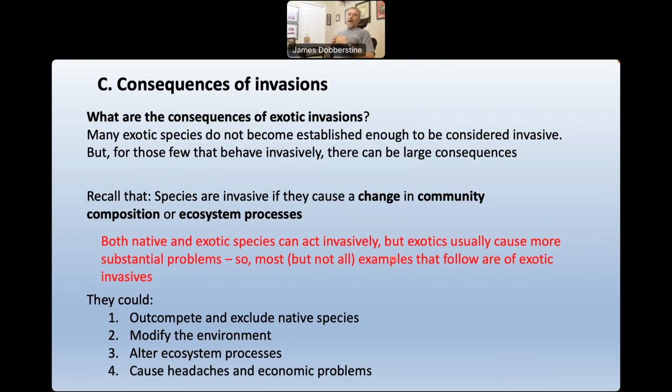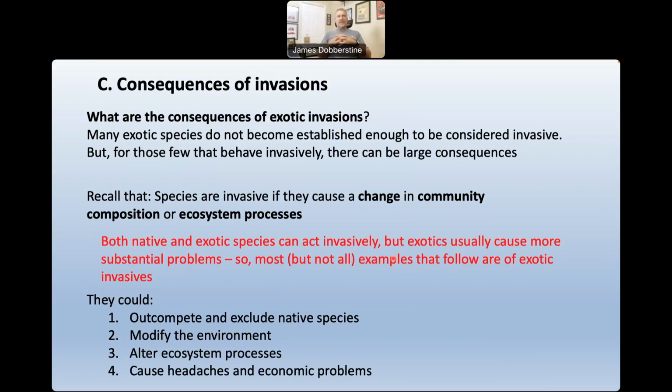So the consequences here can be competition, where they outcompete and then exclude native species. They can modify the environment, especially once they have a foothold, in a way that precludes other species from re-occupying that area later.